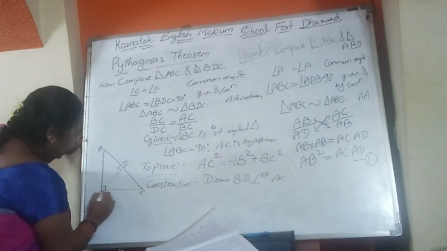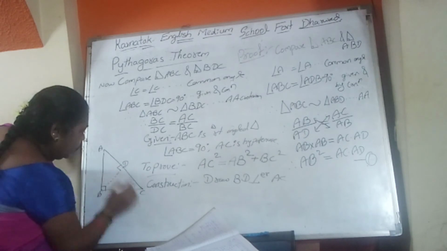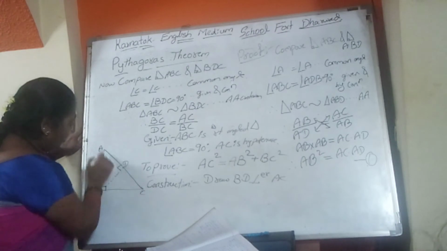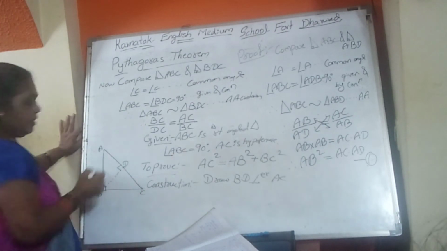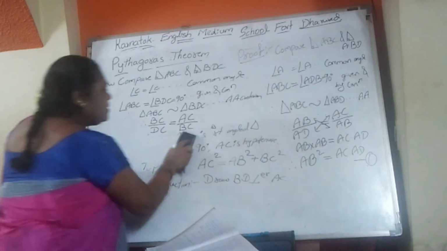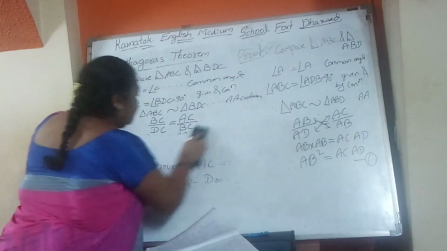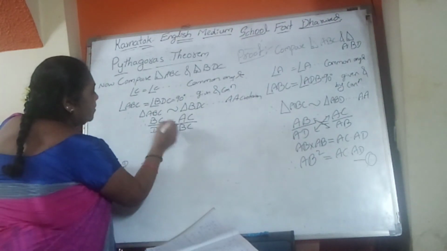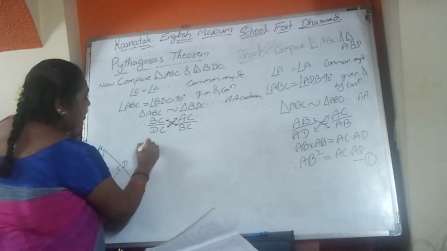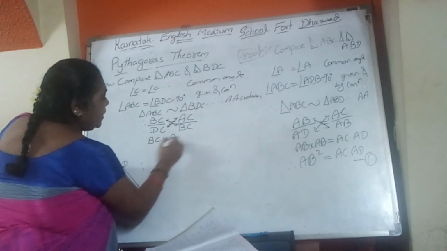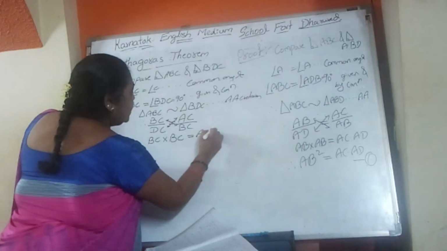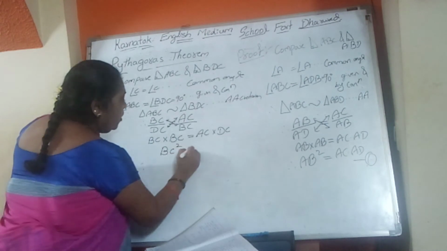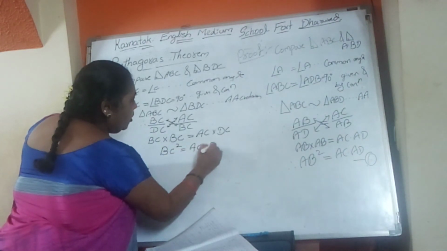This means in this triangle BC upon DC equal to AC upon BC. Here also, by cross multiplication, BC into BC equal to AC into DC. So, BC square is equal to AC into DC.